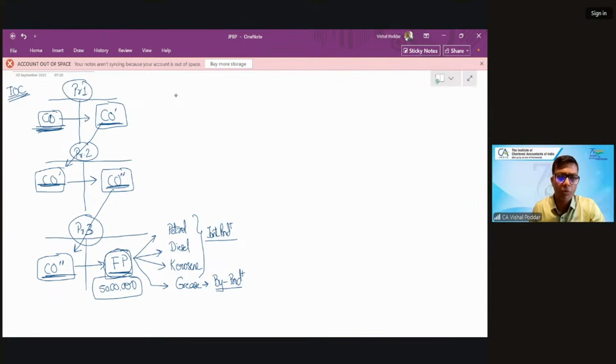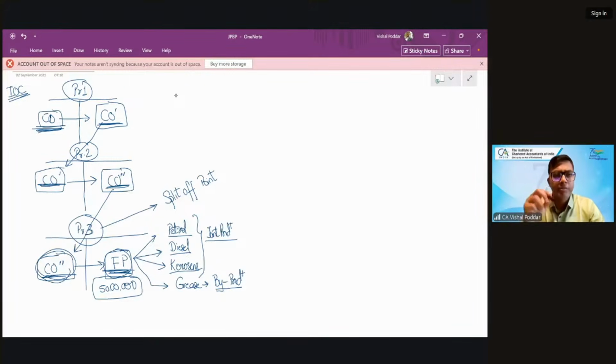Right? Now, some more important concepts. This process where your raw material got converted into final products, which basically are 3 different final products, is called the split off point. Why?